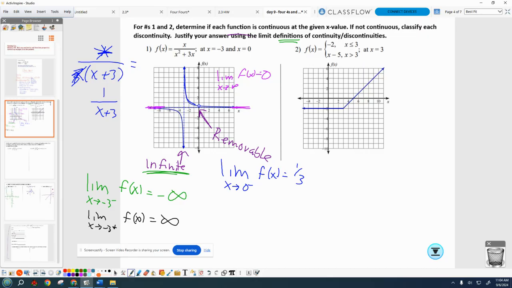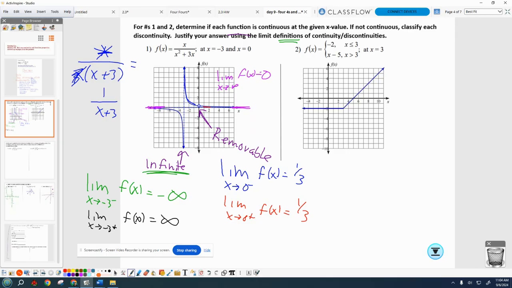No. What else do I need to add? As you're coming from the left, I need to also say for the right side, where's the function going on the right side? Also 1/3. Is that enough information to say it's removable? No. What else do I need, Isaac? There's one more thing.